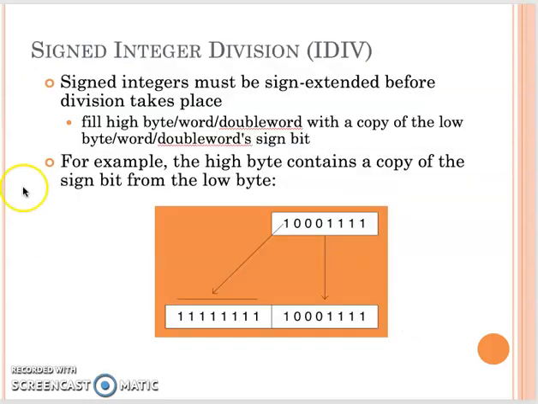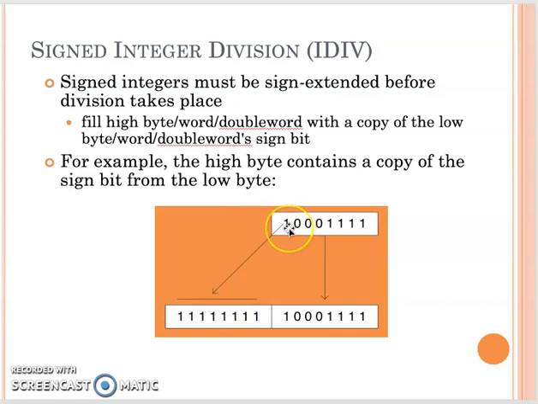When we do signed integers, for example with AL, the dividend should be in AL and AH. Here we cannot simply copy 0 into AH to fill out the upper half of the dividend.